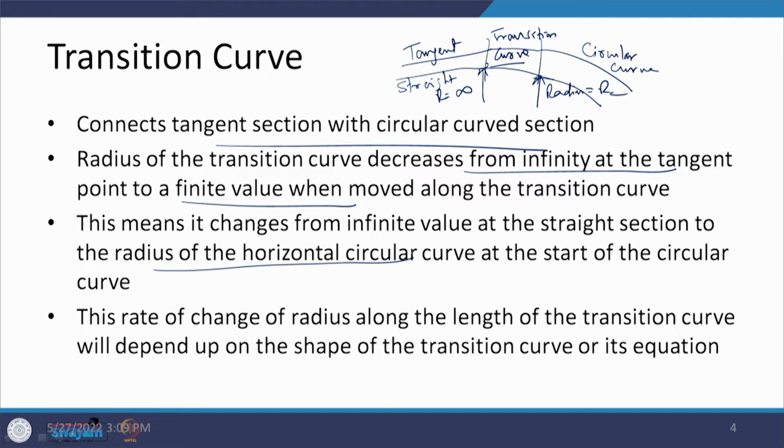So, you have a change from infinite to a finite value, and then the rate of change of radius along the length of the transition curve.